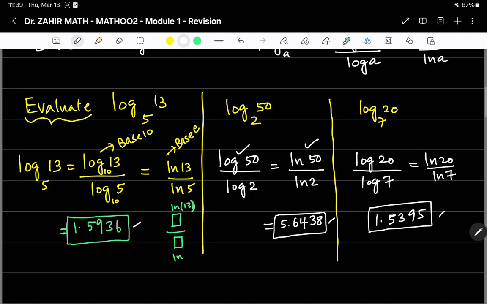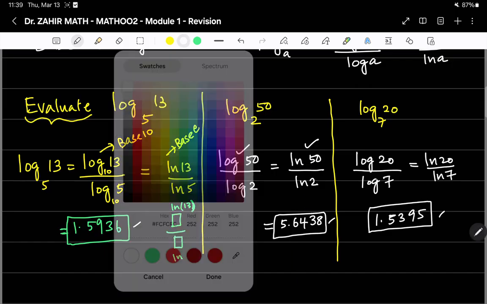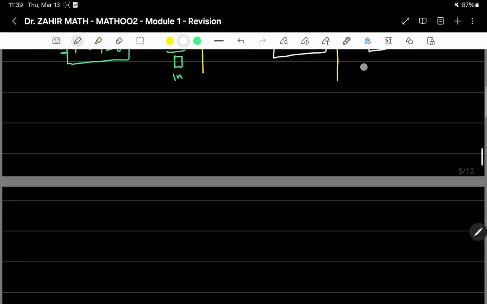So how to use the base change rule, how to write common logarithm, how to write natural logarithm, everything is clear, right? So let's go for solving exponential equations. What is the next idea we are going to? Solving what?